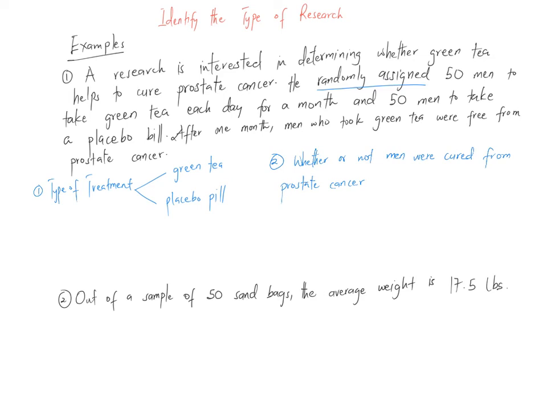So then, because there are two variables, we are torn between correlational and experimental. Now, let's see what best suits this example. So in this case, because the subjects were randomly assigned, that makes it experimental.